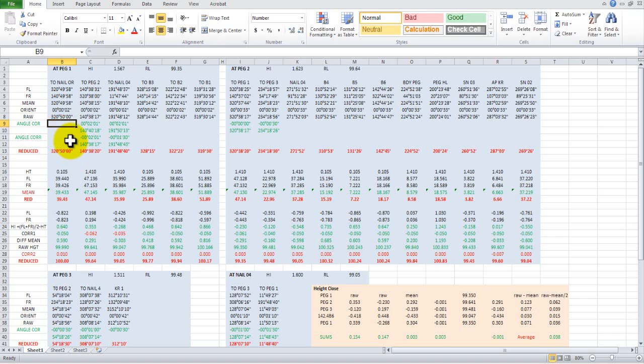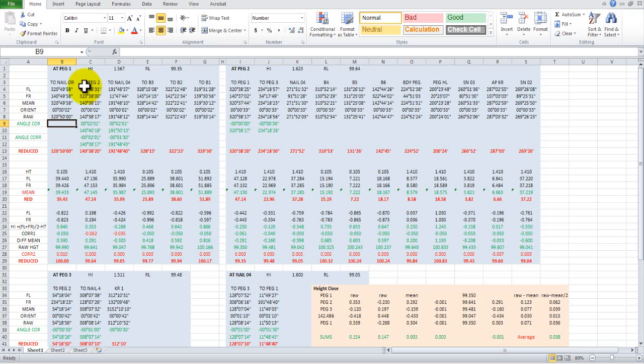We actually found that we're going to hold this bearing here of 140 degrees 38'17" and the one to the nail, this one being internal into our circuit to Peg 2.